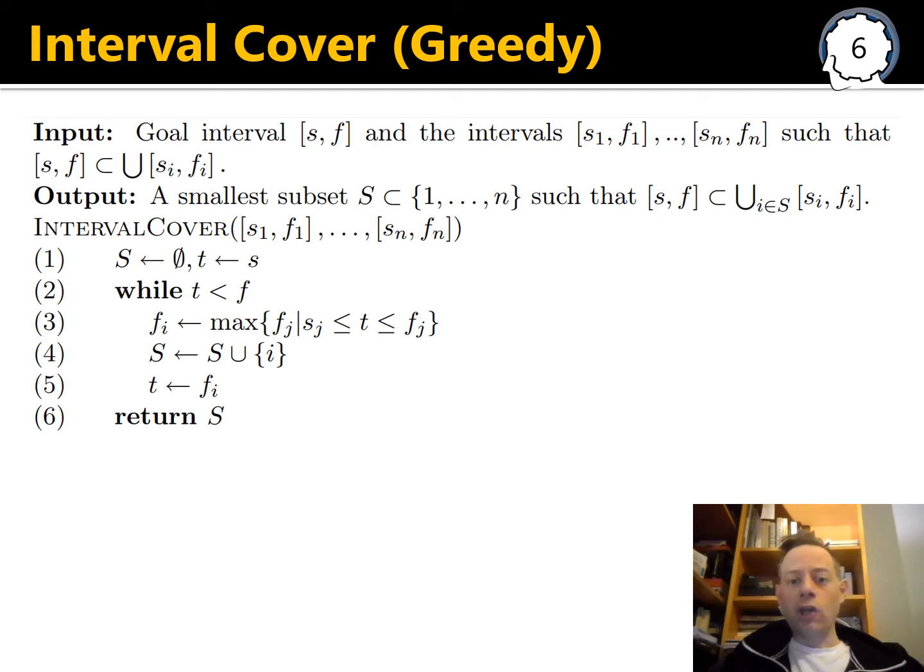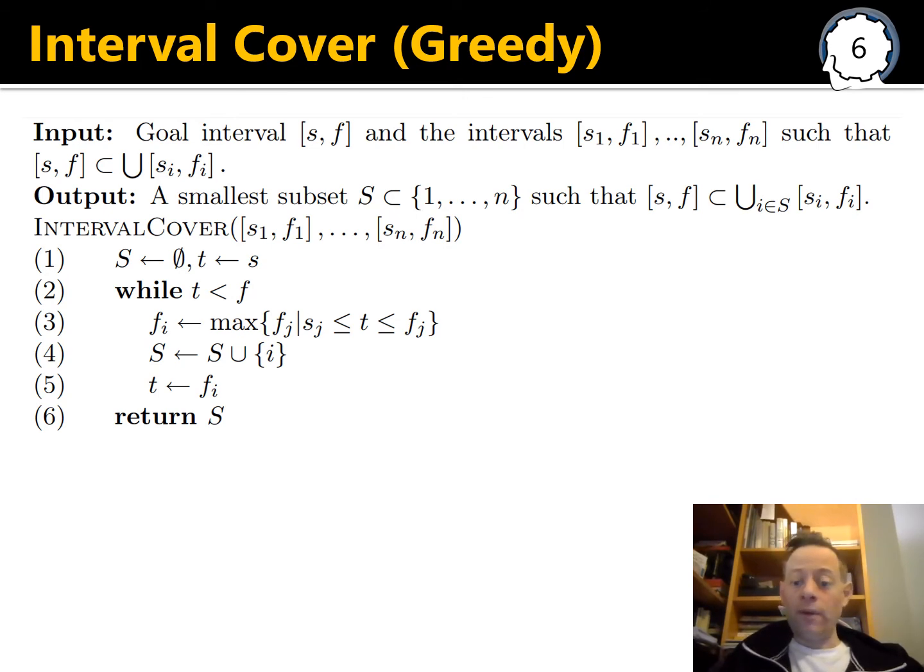And then as long as our current point is smaller than the end point of our goal interval, we're trying to find the interval among the possible subintervals with the latest end time, which covers this start time. So basically what we're trying to do is to find an interval which covers the current point and where the end time is as late as possible.